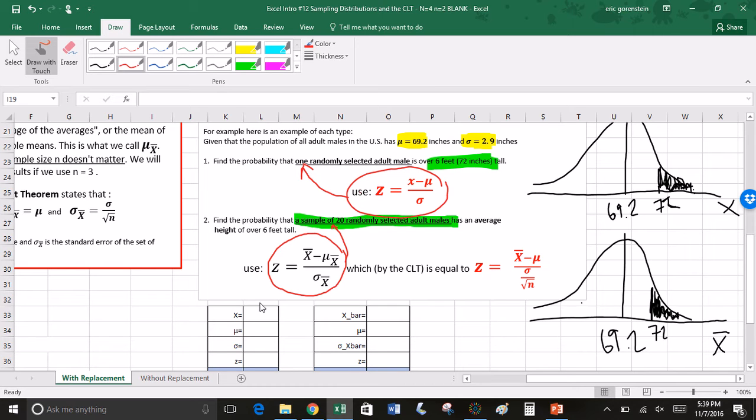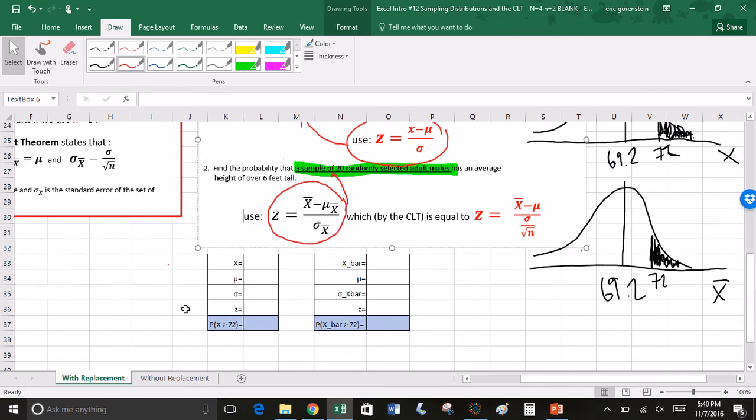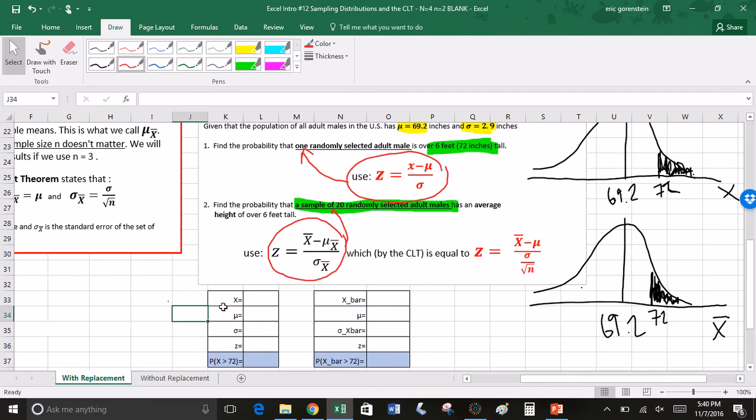So let's come down here. Our population mean is 69.2 in both cases. Our population standard deviation is 2.9 in both cases.